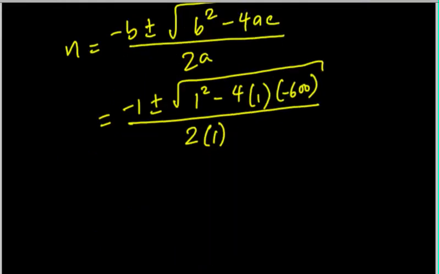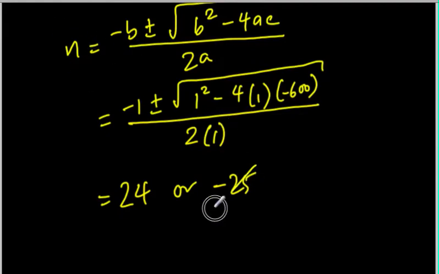If you plug this into your calculator, you'll get two answers because of the plus or minus, so you have to plug in with the plus and then with the minus. The first answer is 24, or you'll get negative 25. Clearly you can't have a negative row number, so that's not applicable. So we have 24 rows.